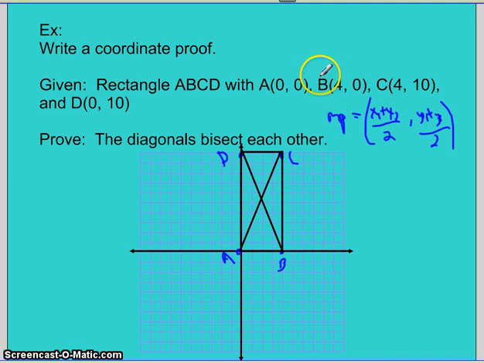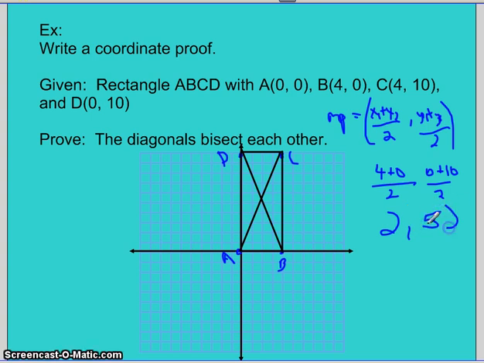So we want B, which is 4 for the x and 0 for the y, and then D, which is 0 for the x and 10 for the y. When I add those and divide by 2, I have 4 divided by 2, which is 2, and 10 divided by 2, which is 5.